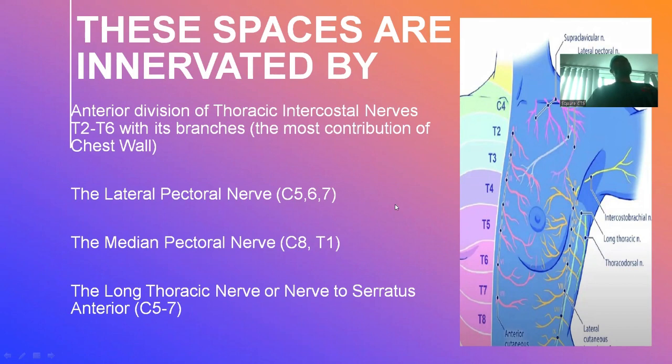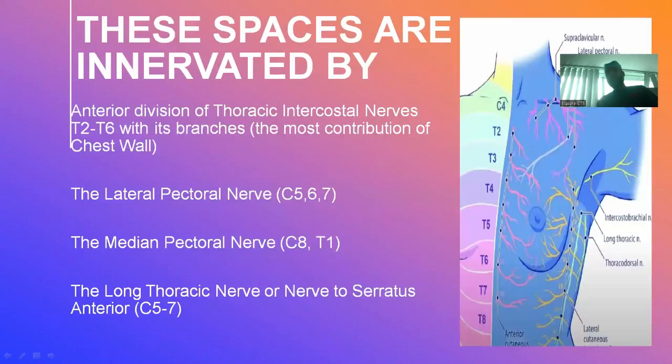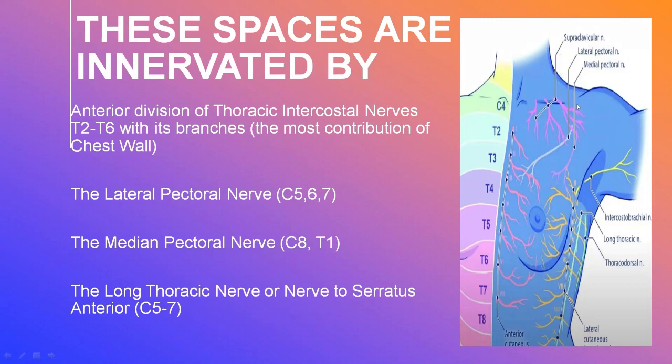These are the branches, and another nerve is the lateral pectoral nerve. This is the lateral pectoral nerve. Another is the medial pectoral nerve, and this is the latissimus dorsi or serratus anterior nerve.